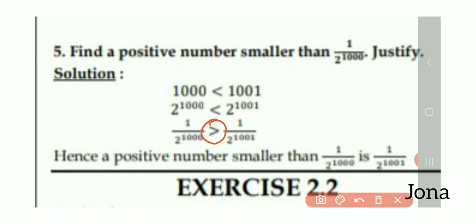Therefore, I got 1 by 2 power 1000 is greater than 1 by 2 power 1001. From this I can conclude this 1 by 2 power 1001 is a smaller number, isn't it? By comparing this one, the answer here is the positive number smaller than 1 by 2 power 1000 is 1 by 2 power 1001.